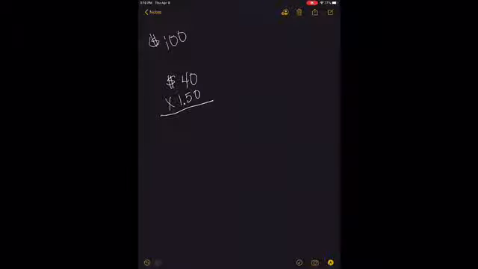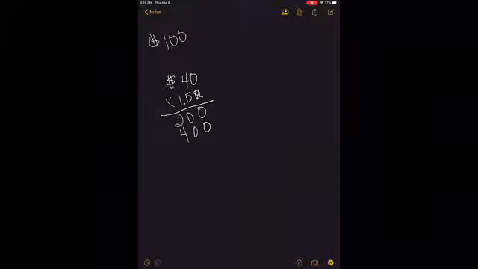Let's do it just using multiplication. So what is $40 times 150%? Well, 150% is 1.5. And we can have that extra zero, but we really don't need it, do we? So let's just take that zero off and multiply. 5 times 0 is 0, 5 times 4 is 20.